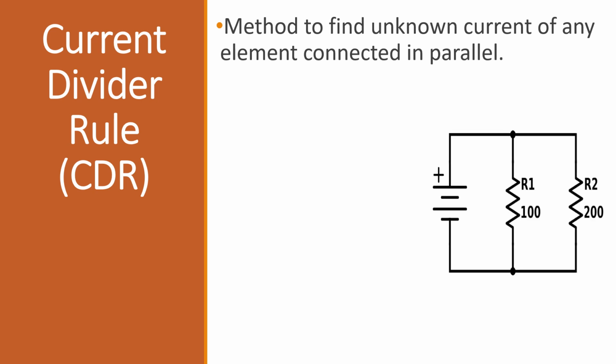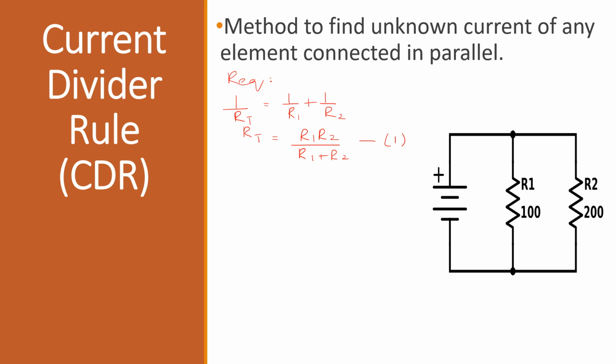Here there are two resistors that are connected in parallel, and we know that for resistors connected in parallel, R equivalent is calculated as 1 upon RT is equal to 1 upon R1 plus 1 upon R2. After simplification, we get RT is equal to R1 R2 divided by R1 plus R2. This is your equation 1.